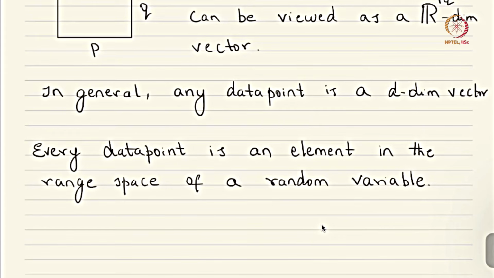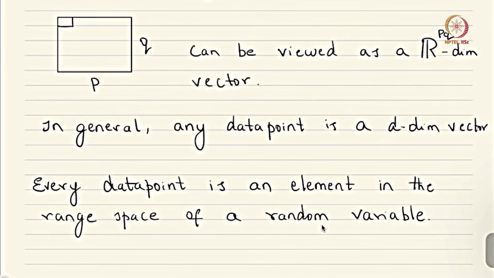That is what it is measuring. So for ease, let's view this as d scalar valued random variables for now, because I told you that both of them are equivalent. A d dimensional vector valued random variable is equivalent to having d scalar valued random variables.